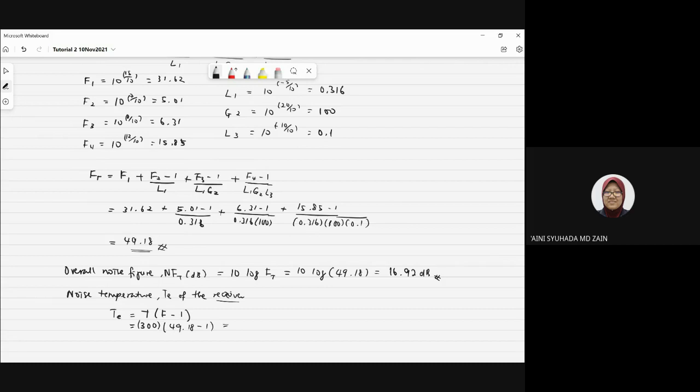So calculate that value, then you will get the noise temperature in Kelvin. It's quite a very high noise temperature for that receiver.